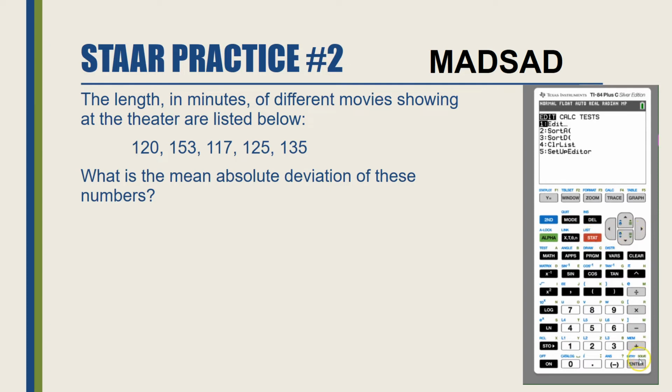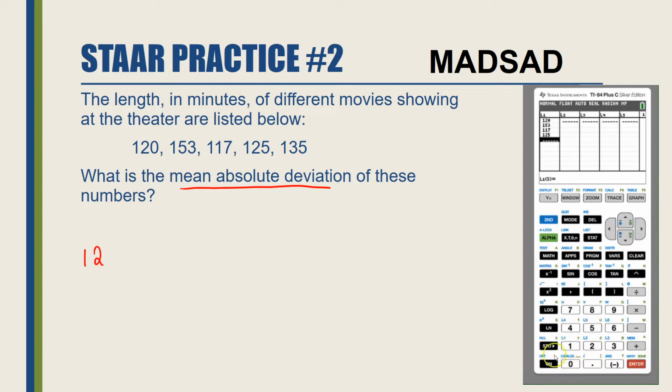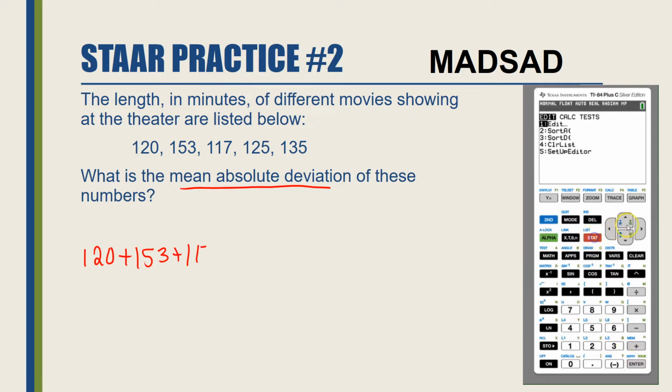Okay, guys, we're going to do number 2. The length in minutes of different movies showing at the theater are listed below. 120, 153, 117, 125, 135. What is the mean absolute deviation of these numbers? So we're going to do our math SAD. So in order to find the mean, we must add our numbers together.